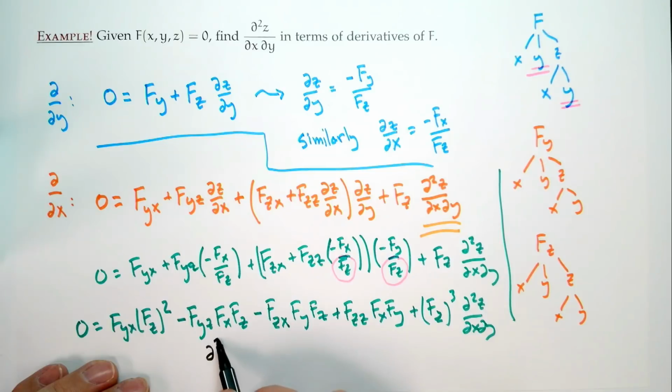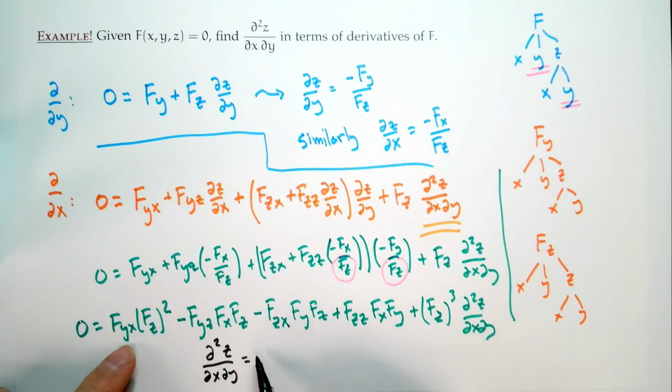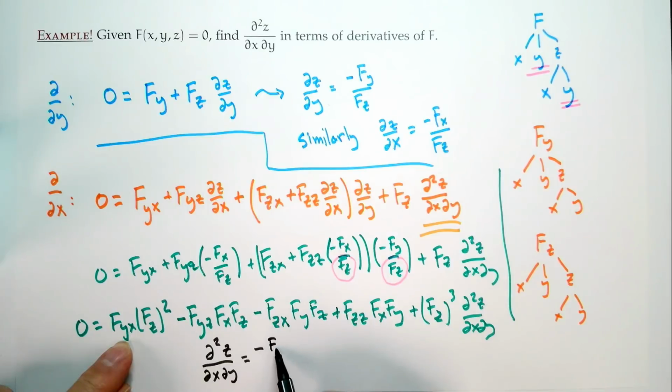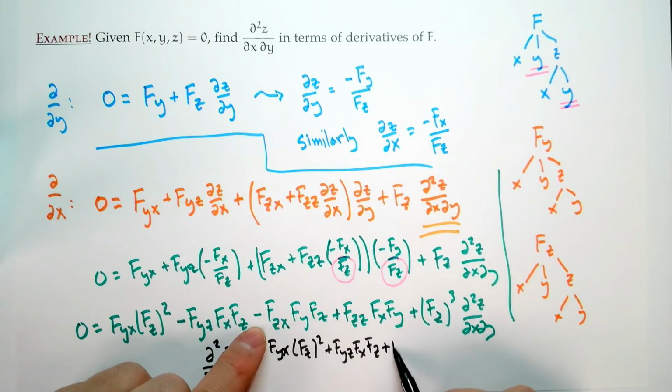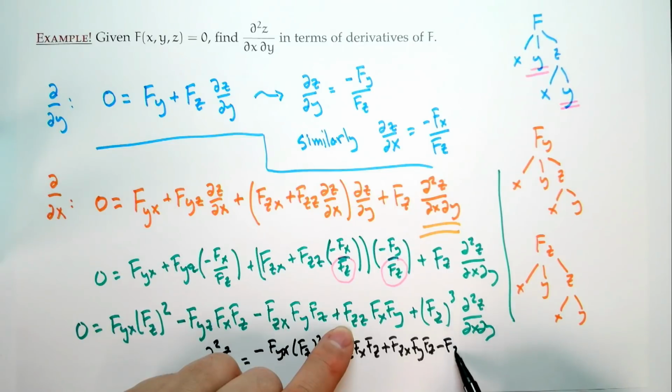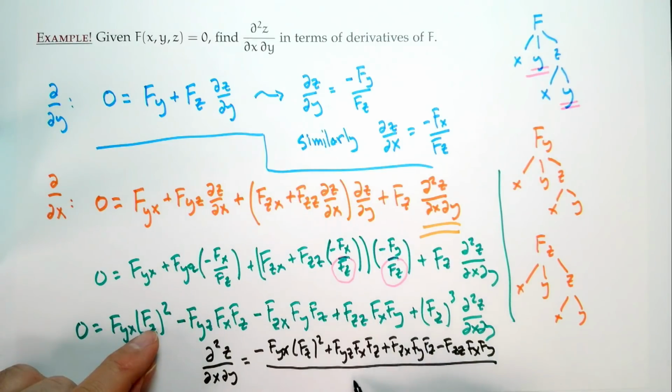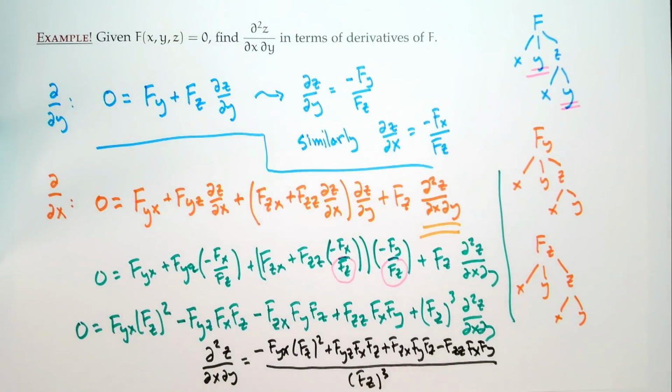So we get partial squared z partial x partial y is equal to, and we're just going to read off, remember we subtracted over, minus f y x f z squared plus f y z f x f z plus f z x f y f z minus f z z f x f y, all divided by f z cubed. Exactly as you would have thought.